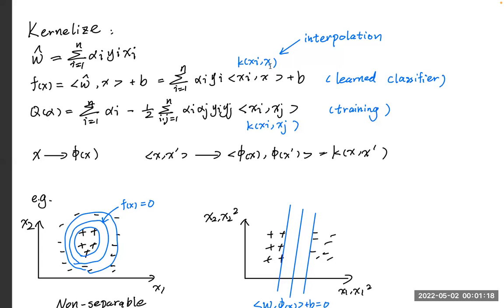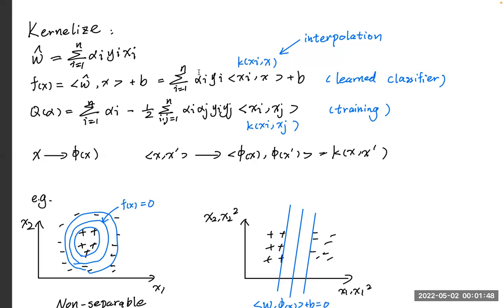Okay, and then in this testing case, if you have this x and you want to classify x, you only need to find those xi so that this function is substantially different from zero, which means you find the close friends of x so that this similarity function is bigger than zero. And then you let them vote. So yi can be positive or negative.